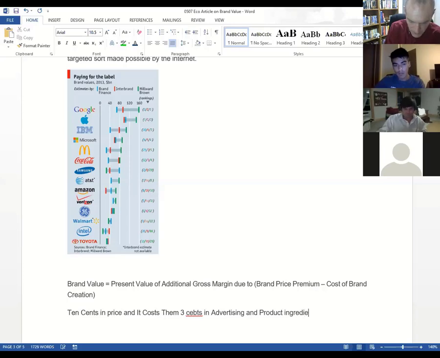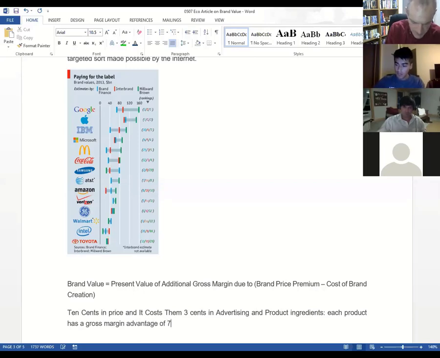I don't know if Tide's detergent really is so much better that it costs them an extra penny or two to make it. Then that means each product has a gross margin advantage of 7 cents. So you take that 7 cents times how many products they're going to sell in the future. You take the present value of that, and that's the value of the brand.